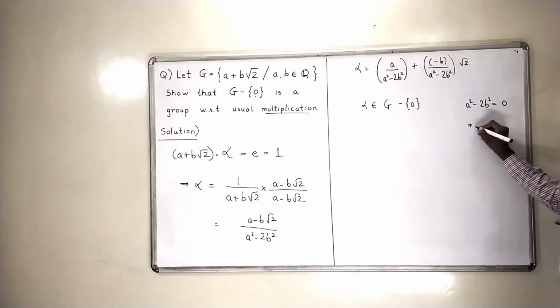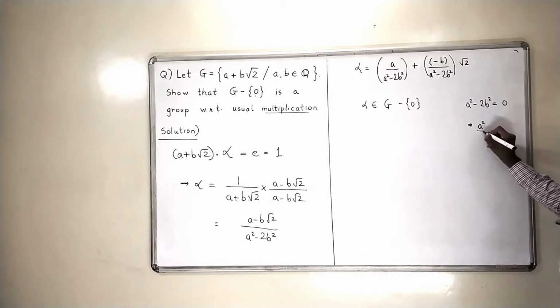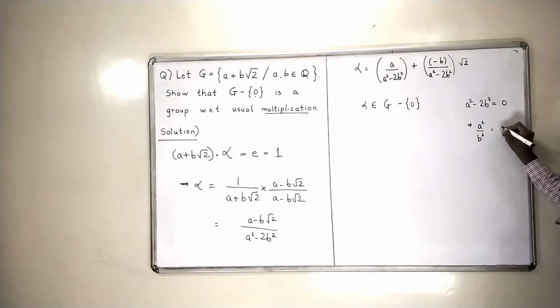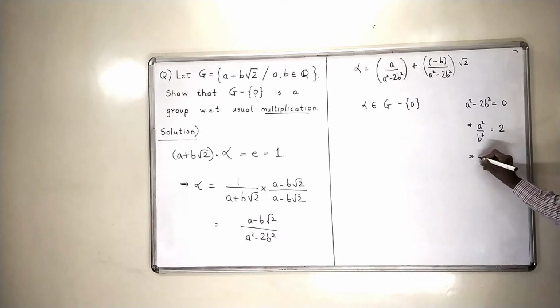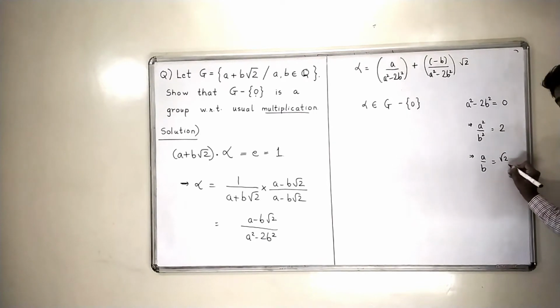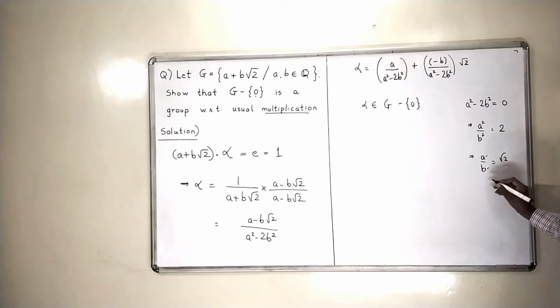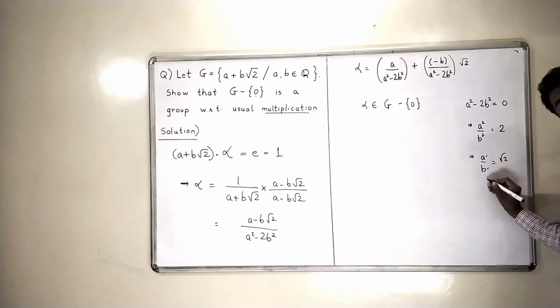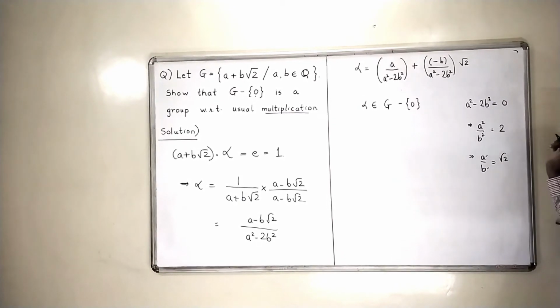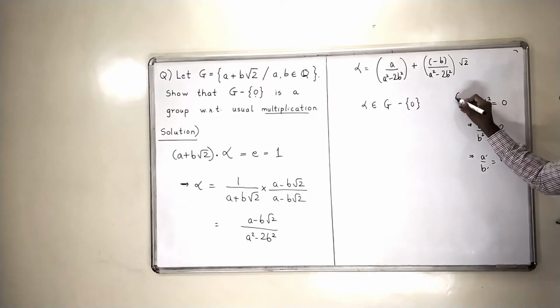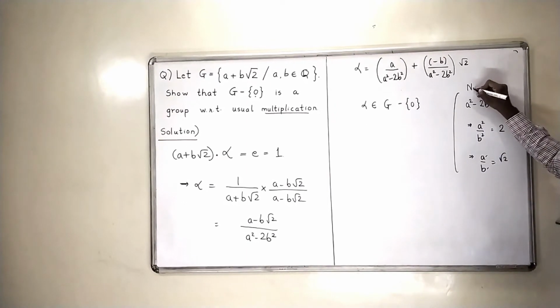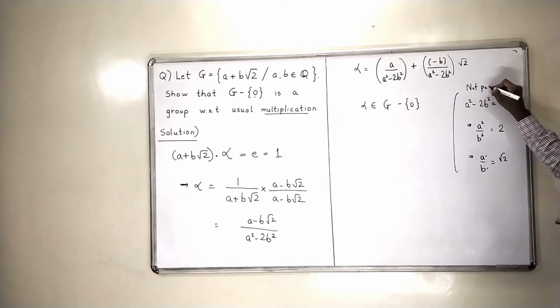Then this will mean that a square upon b square is 2, and this will mean that a upon b is root 2, and therefore a upon b will become an irrational number. But we know that a and b are rational numbers. If I divide a rational number by a rational number, I will always get a rational number. So this is not possible. So a square minus 2b square equal to 0 is not possible.